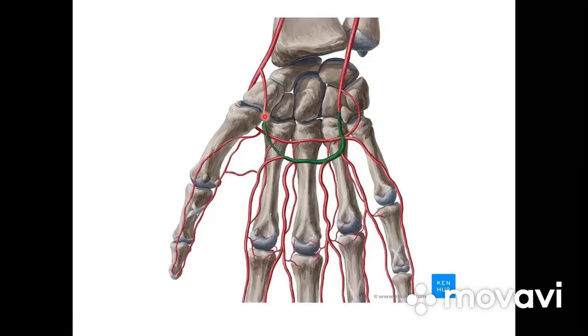Next, the superficial palmar arch, which is made by the help of the superficial palmar branch from the radial artery and the terminal part of the ulnar artery. It lies on the level of the body of the metacarpal bone. From the superficial palmar arch begin, more often, 4 common palmar digital arteries. 1, 2, 3, 4.